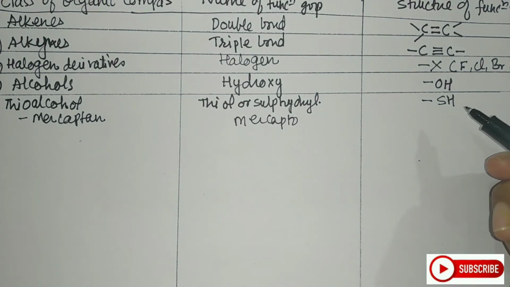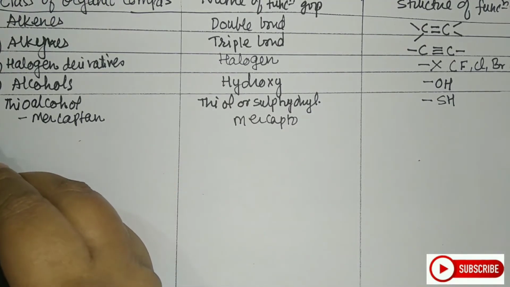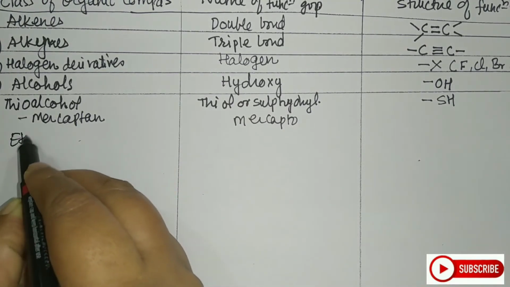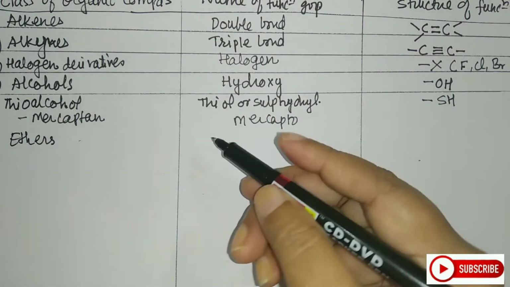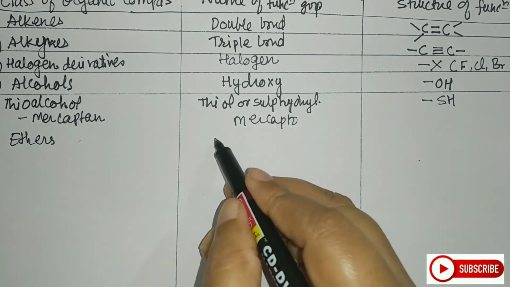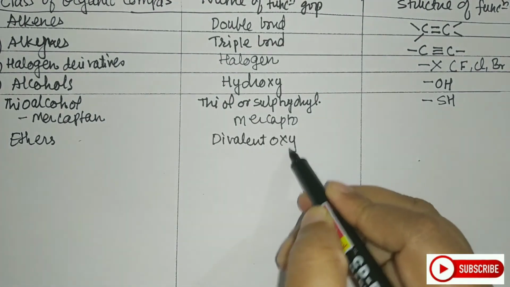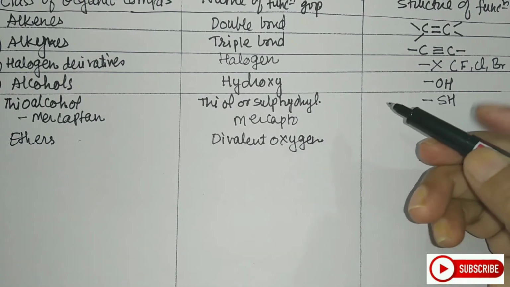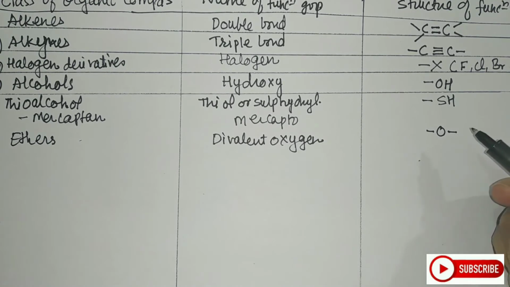Let us see the next one, and that is ethers. What are ethers, students? They are divalent oxygen. And you represent this simply as an oxygen group in this way.